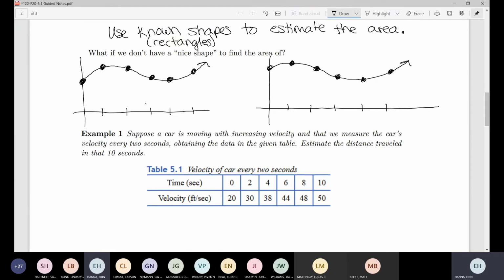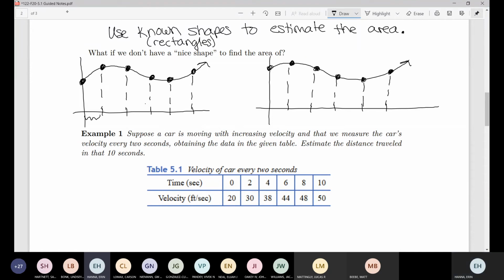Now there's kind of two ways we could do this, and that's why I have the same graph, to the best of my ability, in both cases. So notice I'm splitting these graphs up into these sections. If I want to use rectangles, I need a width and a length, or a length and a height, whatever you want to call it.